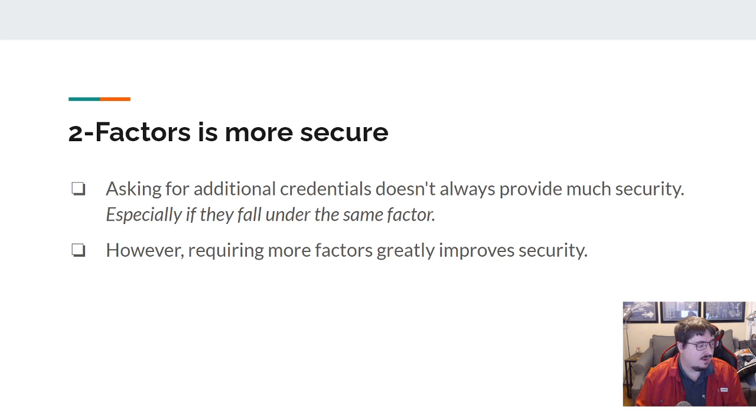Usually that's the 2 factors that we're talking about. But it doesn't have to be. Especially it's worth considering that possession isn't always safe, especially if you're using a phone number as part of that possession, because that can be exploited. So sometimes other factors are things you want to consider.